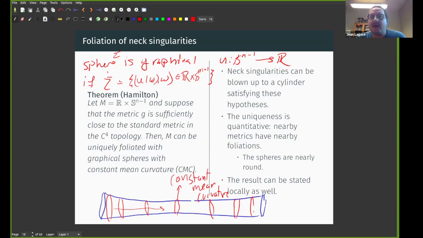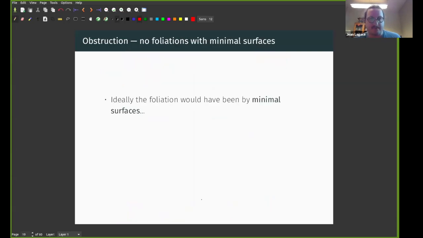And so, in a way, we shouldn't be very surprised about this result. However, originally, the first attempt to prove this was to find this foliation by spheres which were minimal and therefore had mean curvature 0. But this ends up being impossible, because generically, Riemannian manifolds are what is called bumpy.